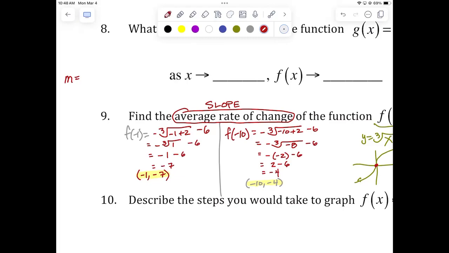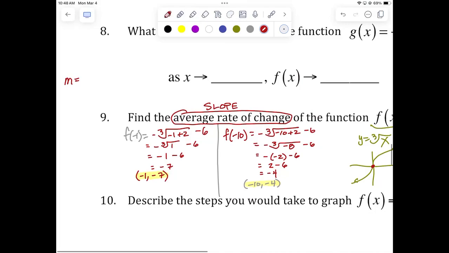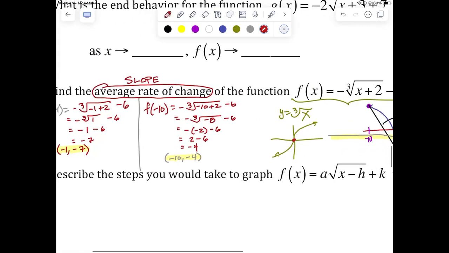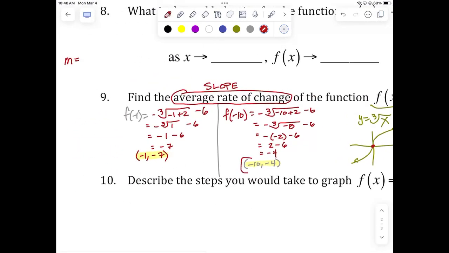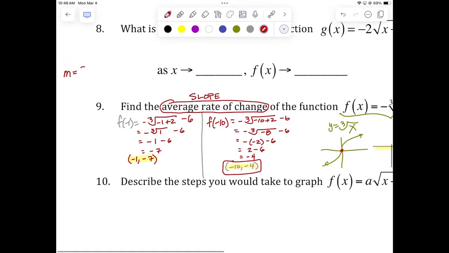If we're consistent, no. I'll start with the negative 10, negative 4. So I'll use its y value negative 4 minus the other y value of negative 7 all over the change in the corresponding x values, which is negative 10 minus negative 1.